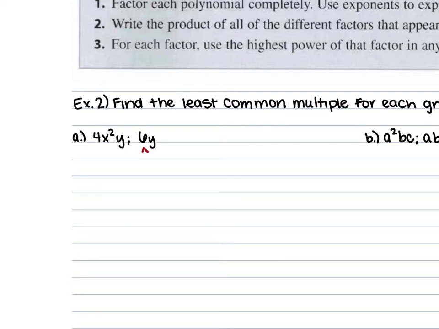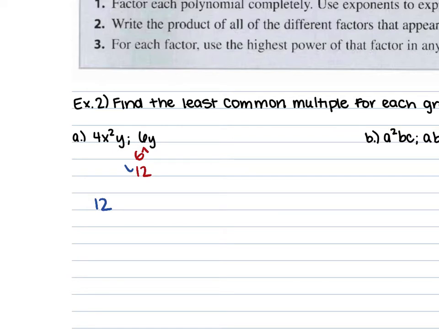I'm going to find the multiples of 6 until one of the multiples is divisible by 4. The first that I have is 6. Then I have 12. 4 doesn't go into 6 evenly, but 4 goes into 12 evenly. Because the 12 works, we'll have the 12. Then we need one of the same of every variable.